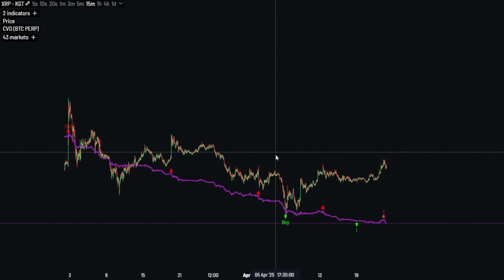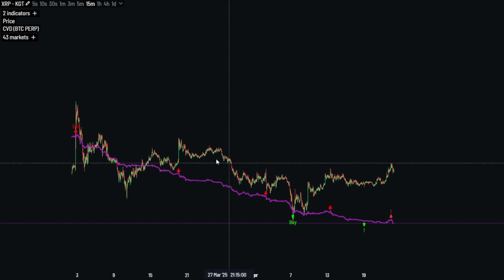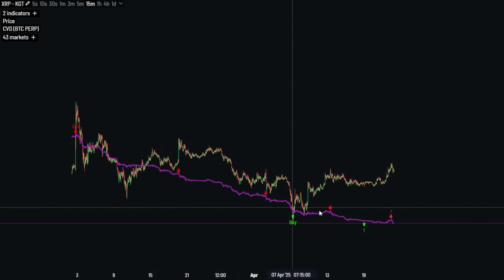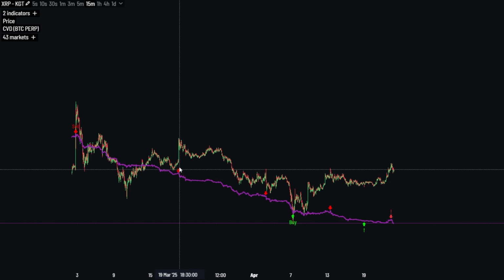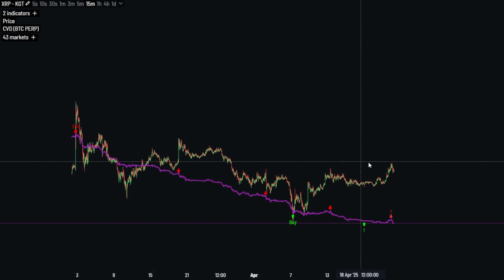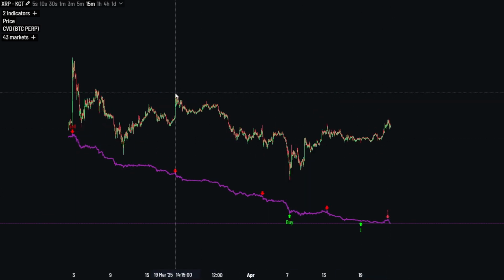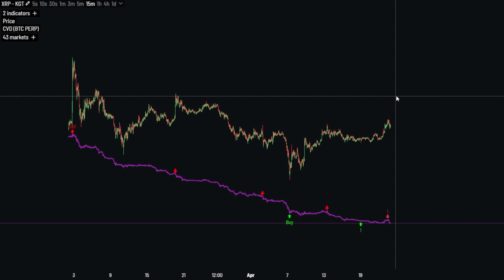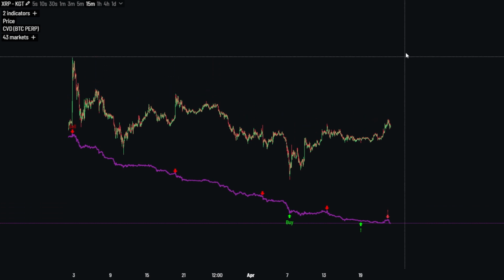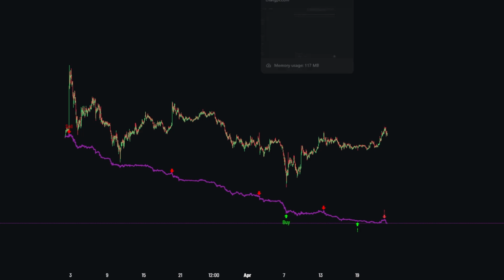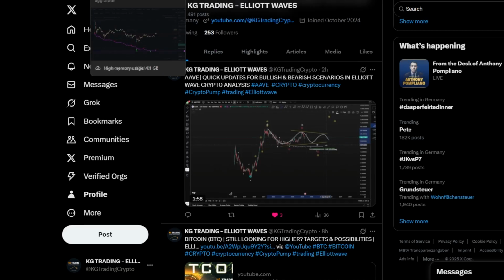But don't forget that all signals here are invalidated as bearish, you still have one signal creating divergence, convergence with the price action coming from this area. It means if you take this high here, I would say you might look for a very extended wave 5. We might be in a bull run for XRP.